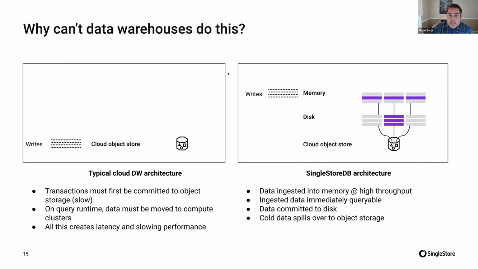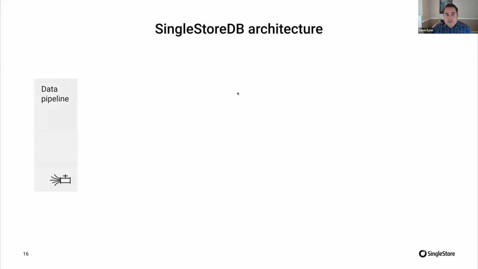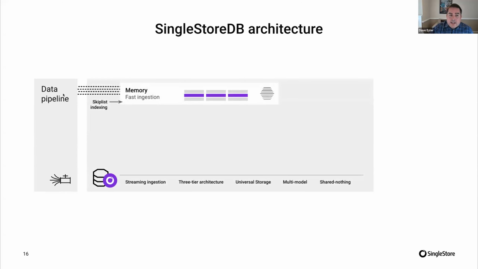Our writes go into memory, which can be up to two orders of magnitude faster, and are replicated to disk in separated, isolated compute loads. Only then does it pass down to the object store. This is how we're able to do it. Let's dive into that architecture a little deeper. The data pipeline writes into memory, the absolute fastest you can be.